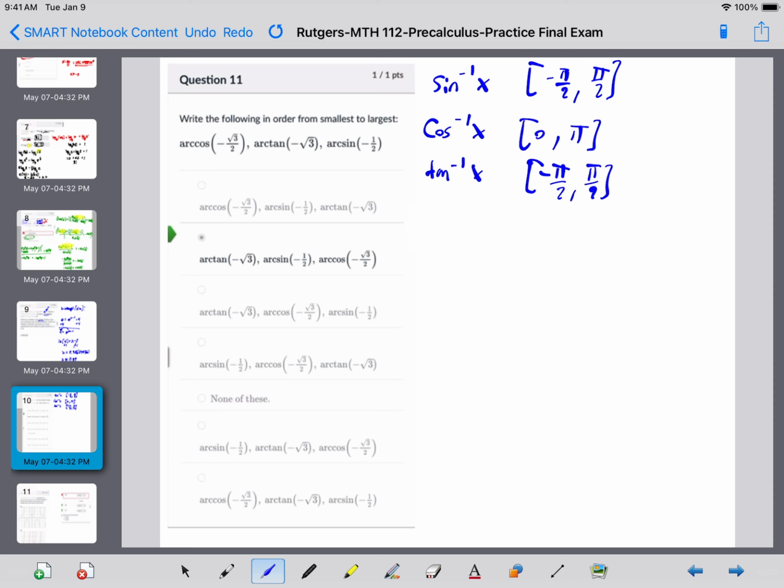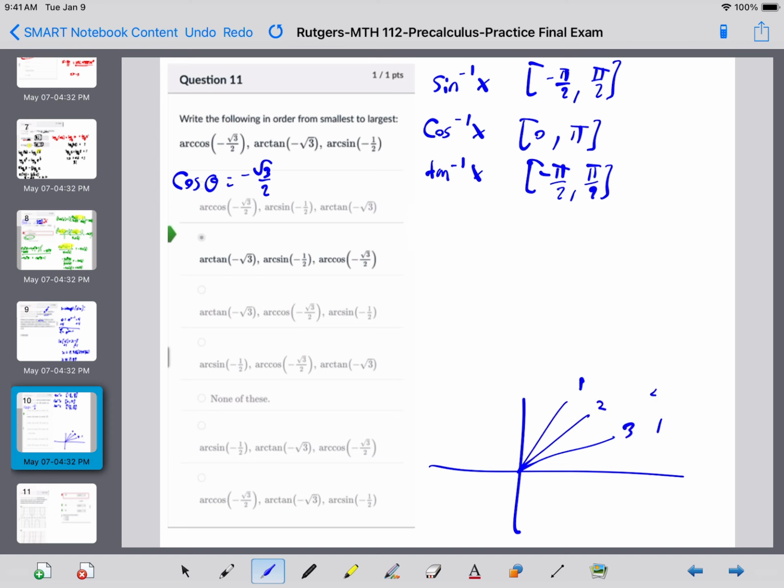So it says, write the following in the order from smallest to largest. We have to think to ourselves, this is basically saying cosine of theta equals negative radical 3 over 2. On the unit circle, where does cosine equal negative radical 3 over 2? So we know 3, 2, 1, 1, 2, 3.